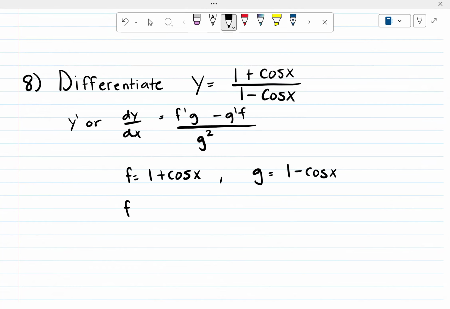Okay, so f prime: the derivative of 1 is 0, and the derivative of cosine of x is negative sine of x. G prime: the derivative of 1 is 0, and the derivative of negative cosine of x is positive sine of x.